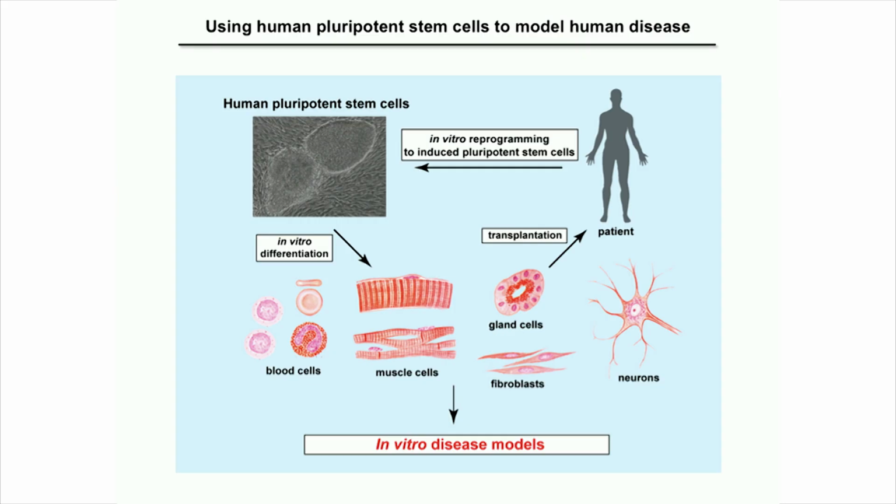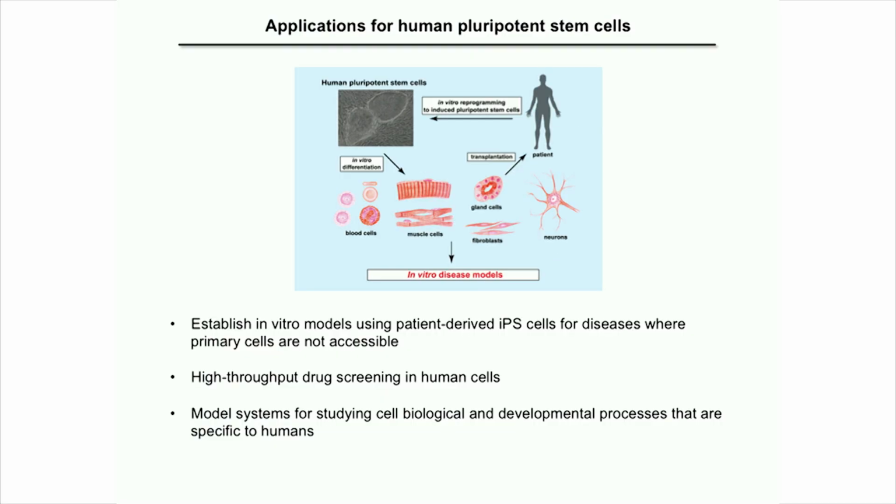And this is a fundamentally important finding because this opens up the ability to interrogate diseases that are manifested by a genetic variation in the patient and allows us to derive the tissue that carries this specific genetic variation.